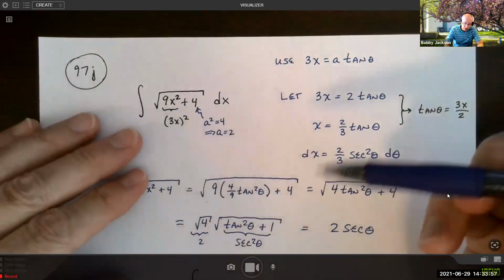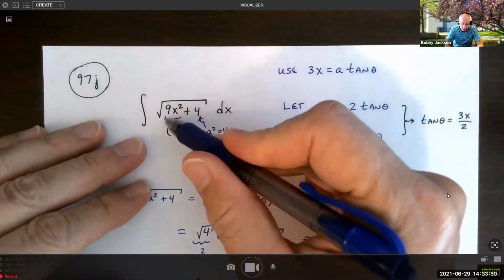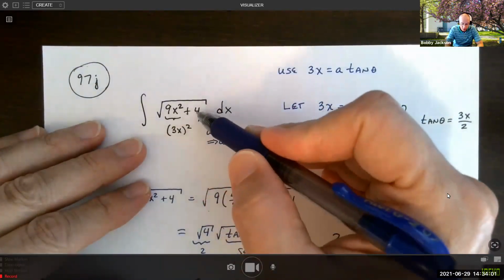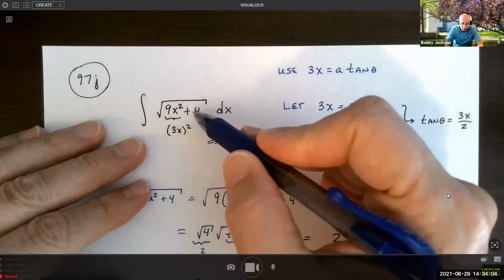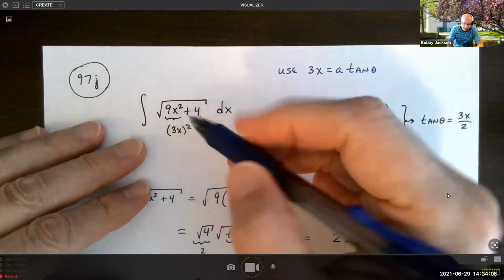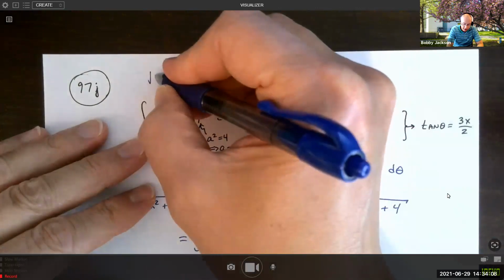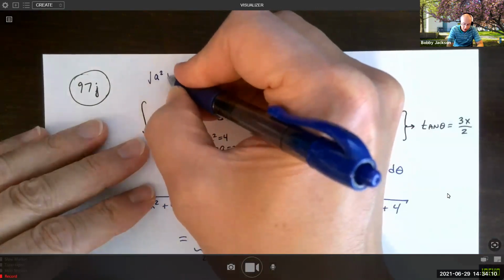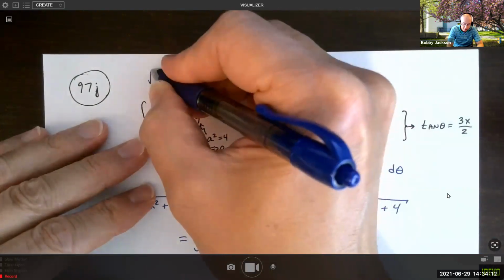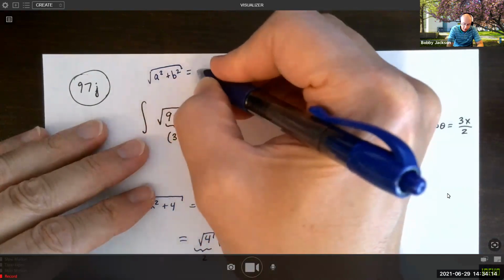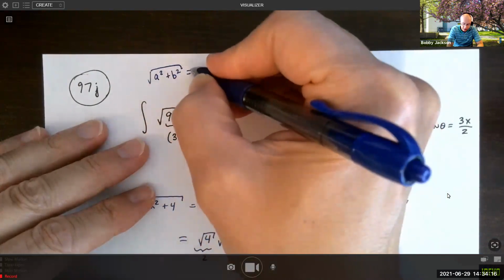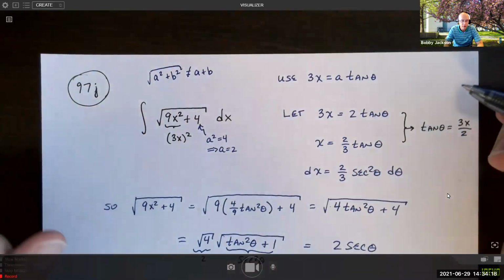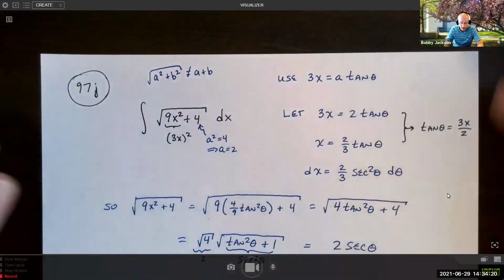Also, please do not say that the square root of 9x squared plus 4 is 3x plus 2. People incorrectly assume that the square root of a squared plus b squared is equal to a plus b, and that is incorrect. So you've got to work on your algebra as we're learning calculus.